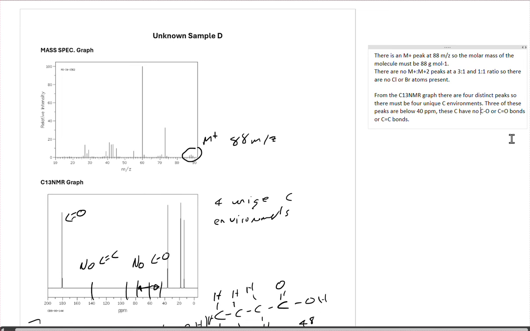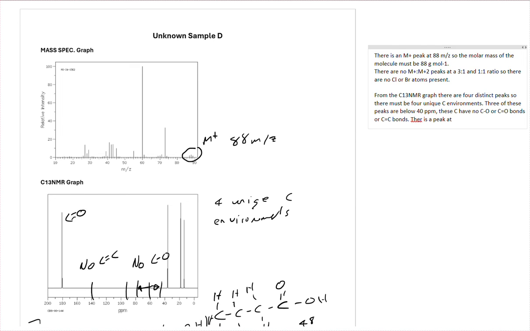Anything else we can note from there? Oh, wait, I haven't said there is a peak at 181. And remember, I'm going to put the units that are on the x-axis of the graph.